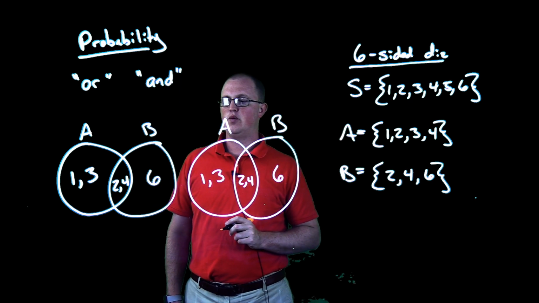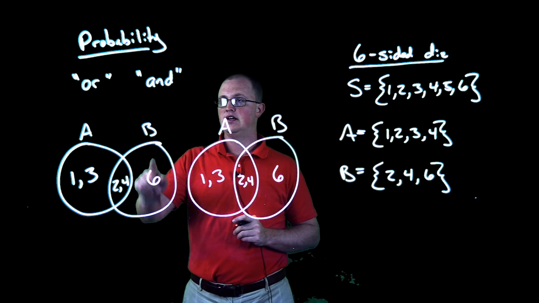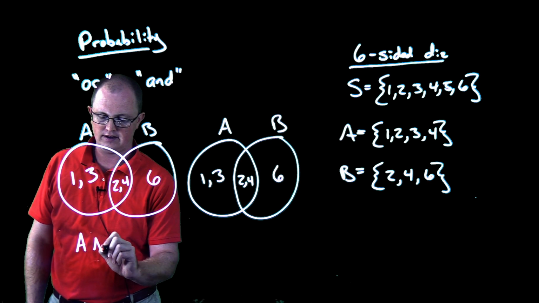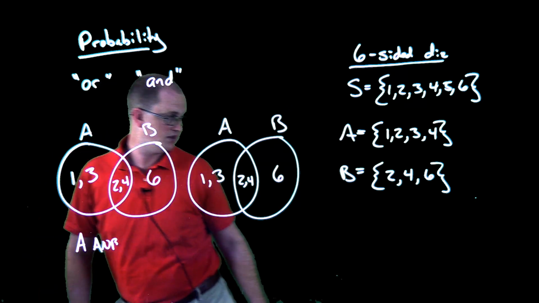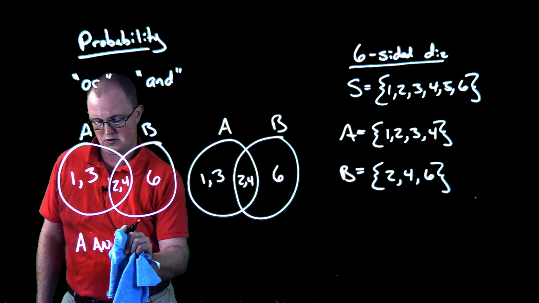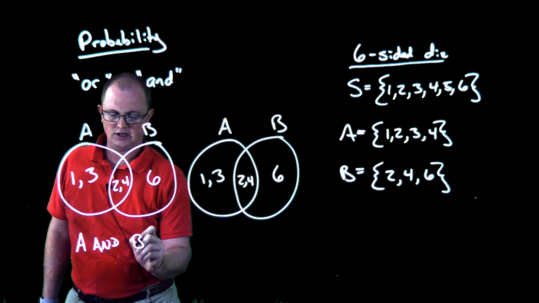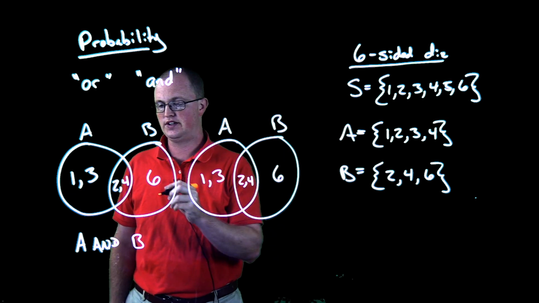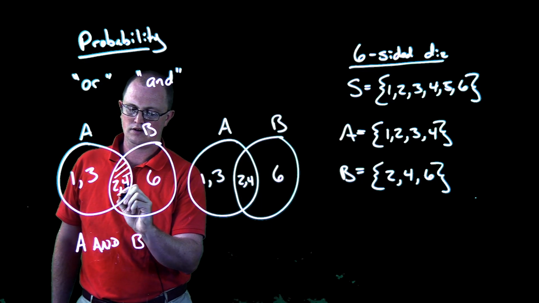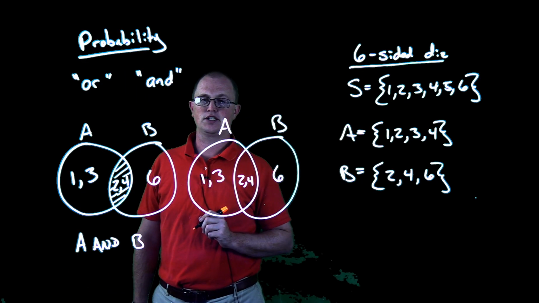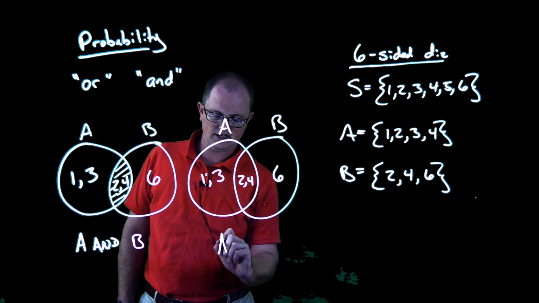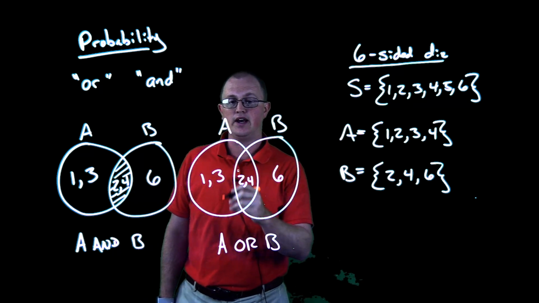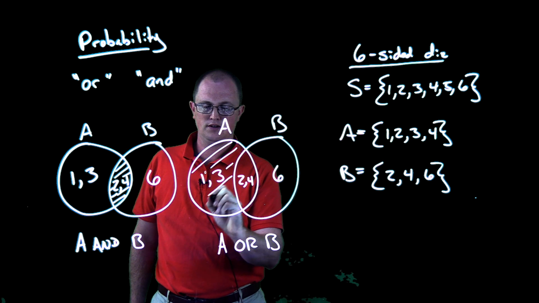Then let's talk about what it would look like to define A and B. If we want to talk about A and B, then we're talking about the outcomes that are in both A and B. On a Venn diagram, that would be this middle section. If we want to talk about A or B, that includes the things that are only in A, this section here.